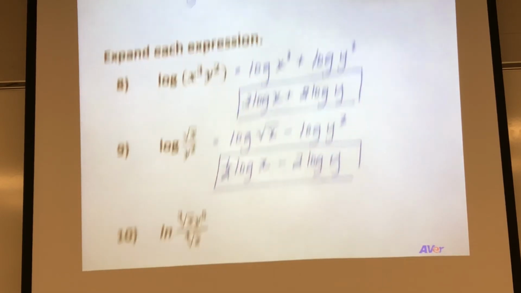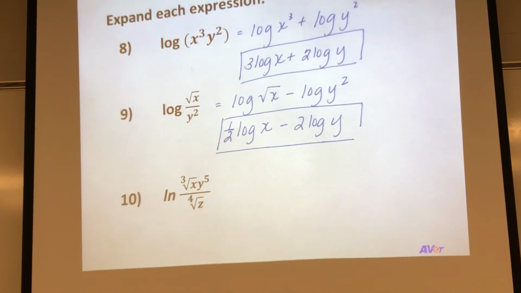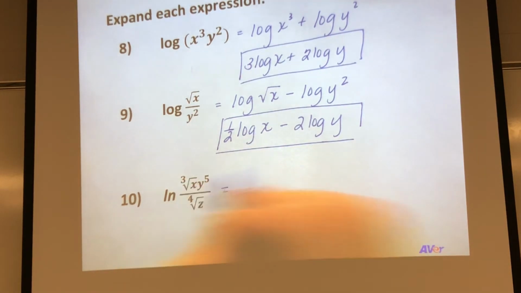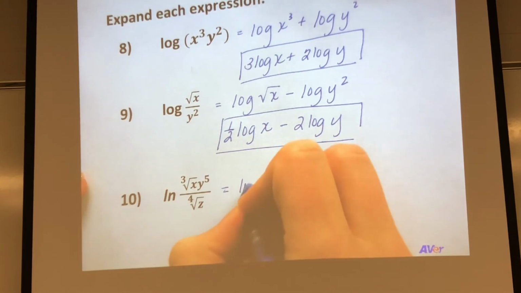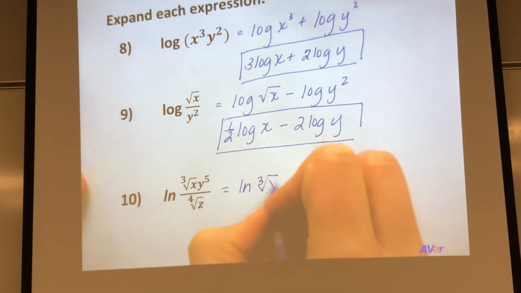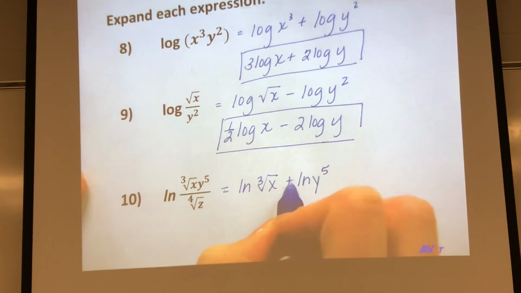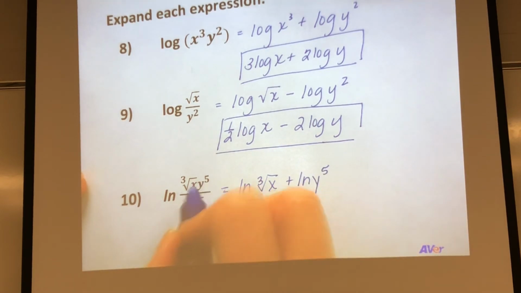Now this last one has lots of stuff to do. Might hit pause, give it a try, and then come back and see if you got it right. All right, so our top stuff, we are multiplying. So we're gonna take the natural log of 3x and add it to the natural log of y to the 5th, because addition is what we use when we're multiplying. But then we're dividing by this.